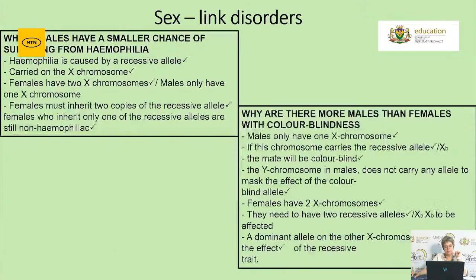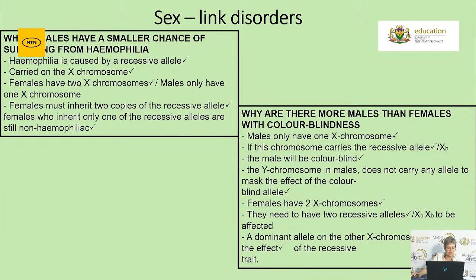And that brings me to another one. You must go and look at sex-linked disorders. Why do females have a smaller chance of suffering from hemophilia or any other sex-linked disorder? And the other one that they ask is, why are there more males that have color blindness or any other sex-linked disorder? It's all about females having 2 X chromosomes.